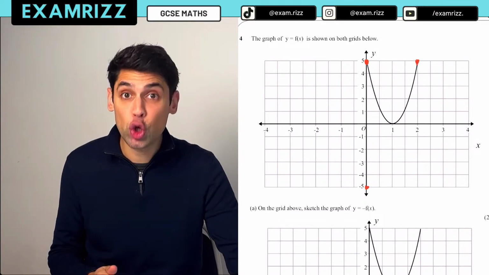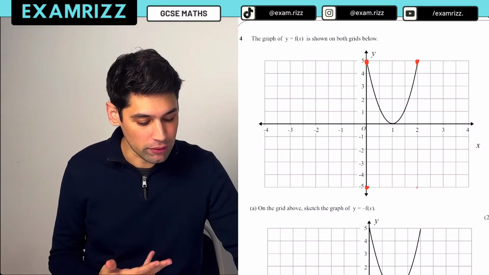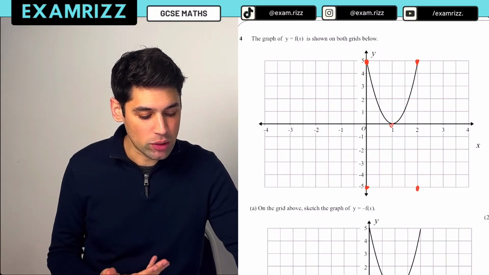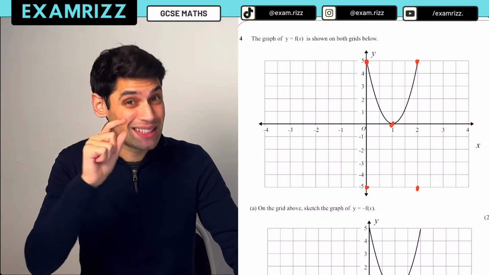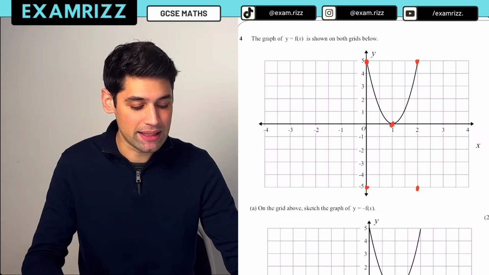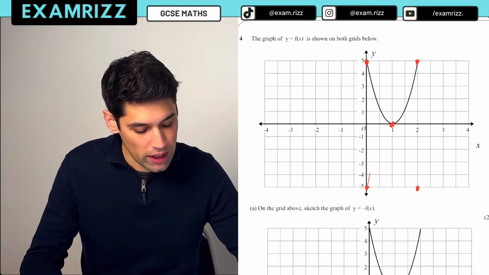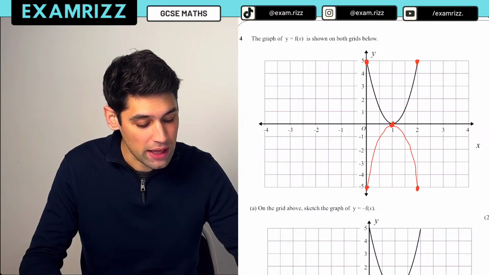This coordinate here is 2, 5. With the transformation, that's become 2, -5 down here. What about this one? That coordinate is 1, 0, times the y coordinate by -1. That remains 1, 0. So that stays there.